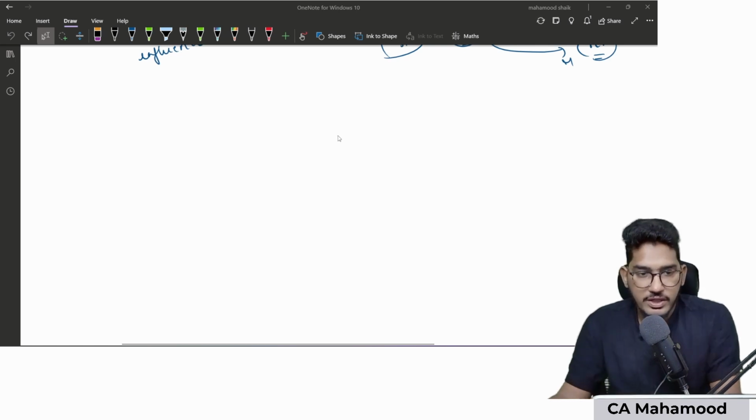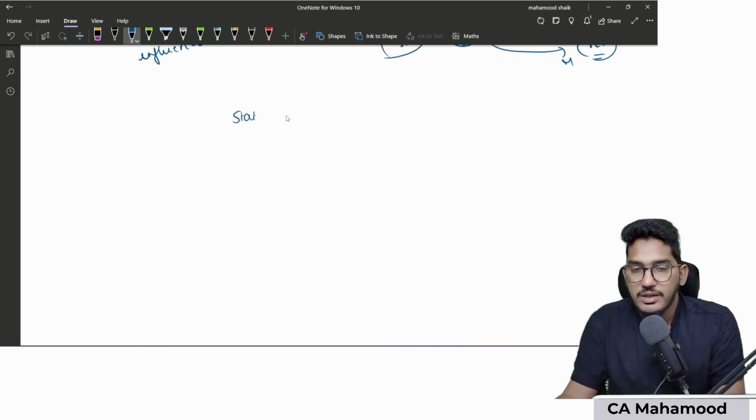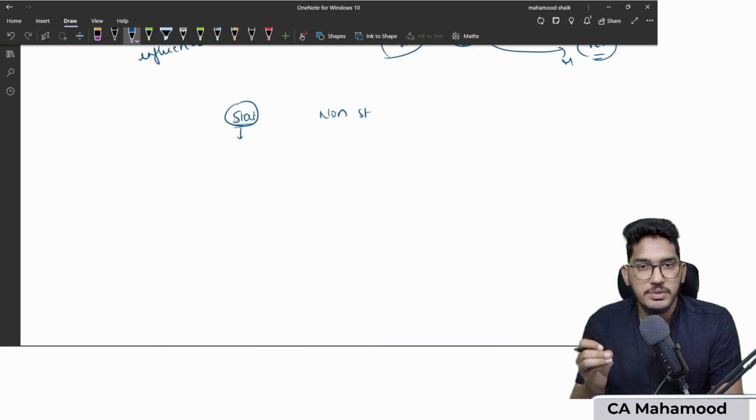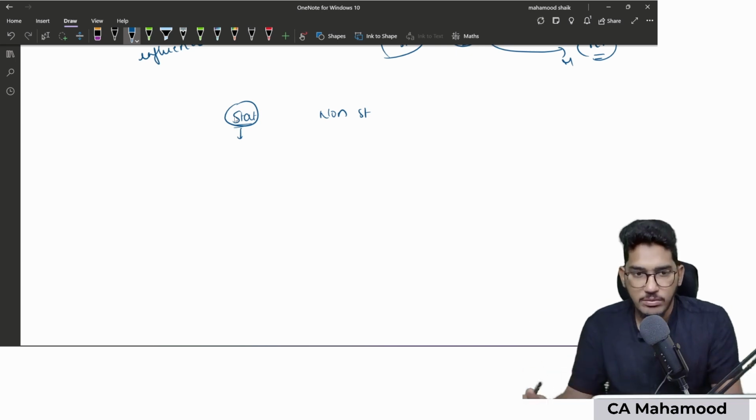The two types of audit are number one, statutory audit, and number two, non-statutory audit. As we all know, statute means requirements of laws and regulations. Those audits which are mandatorily required under any law for the time being in force, we call them statutory audits.